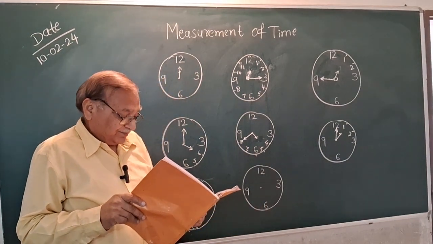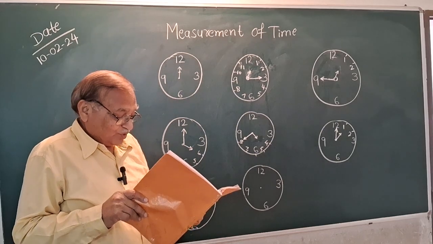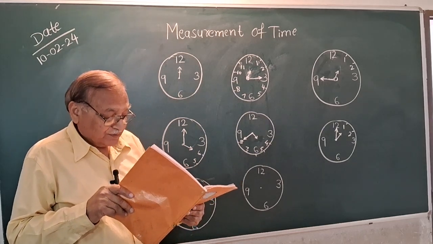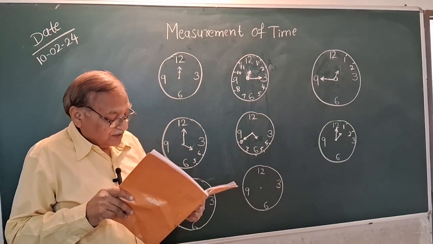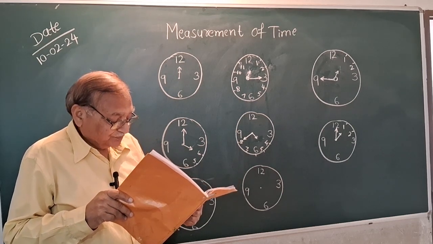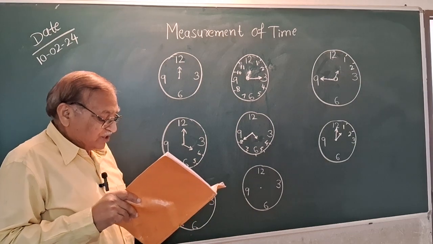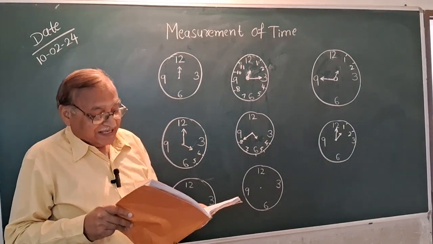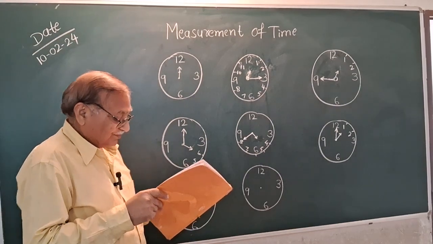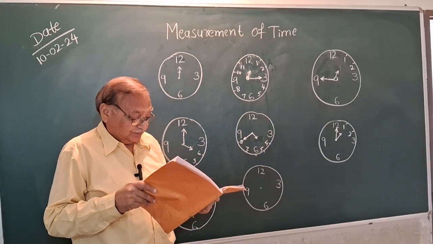Tai: Great. When the minute hand moves forward, starting from 12 and reaching 12 again, it has completed 1 round.